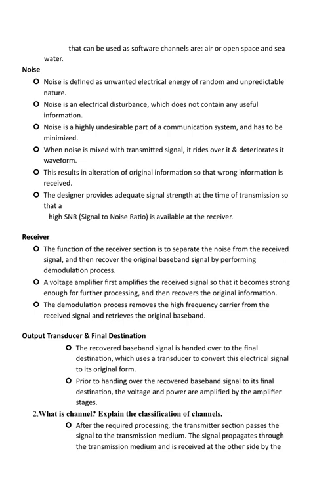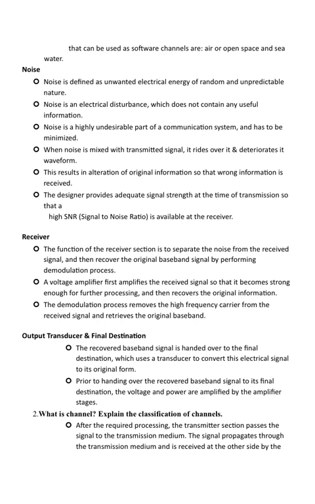The function of the receiver section is to separate the noise from the received signal and then recover the original baseband signal by performing the demodulation process. A voltage amplifier first amplifies the received signal so that it becomes strong enough for further processing, and then recovers the original information. The demodulation process removes the high frequency carrier from the received signal and retrieves the original baseband signal.